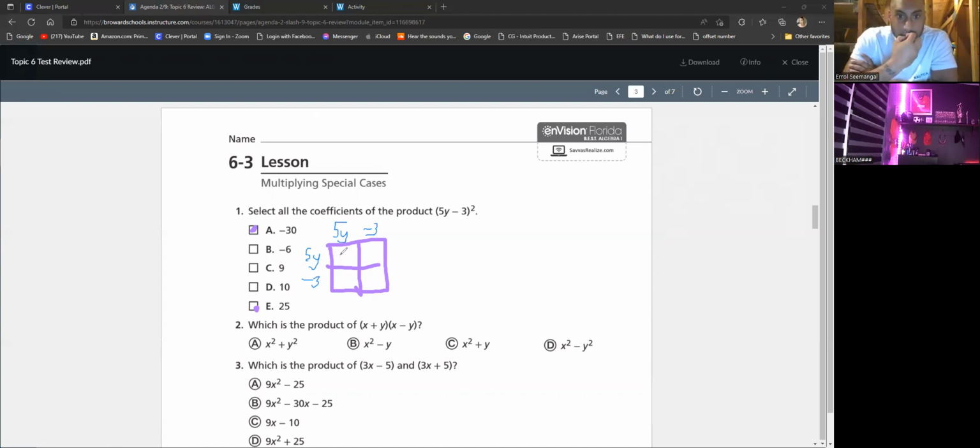Make sure you're writing the right numbers there. You switch the coefficients. You've got 3x here and negative 5 here, but it should be 5y.